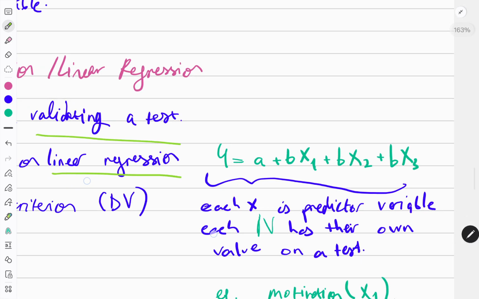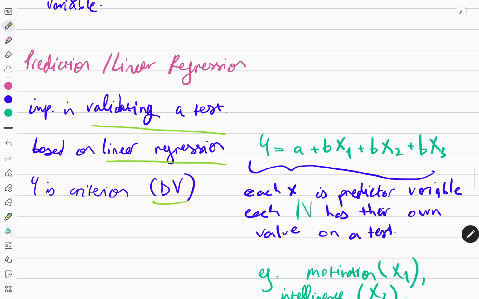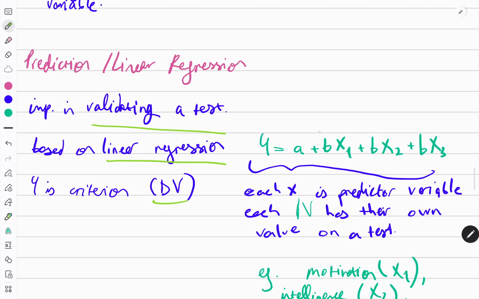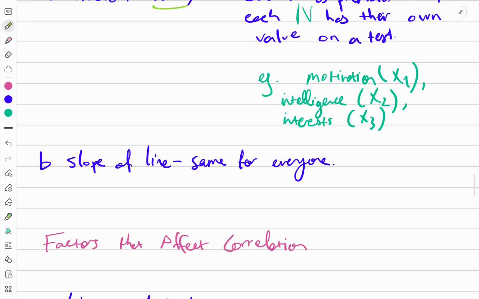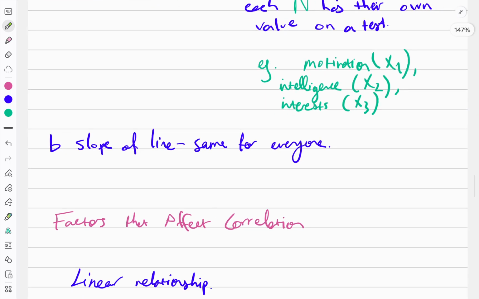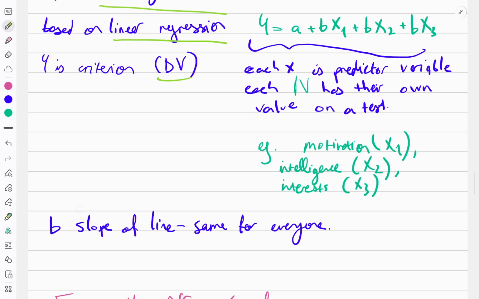As you can see, the Y is the DV, the dependent variable, and these are all different IVs, and we see the effects of these IVs on the DV based on this formulation. So the B, the slope of the line, is the same for everyone, basically.